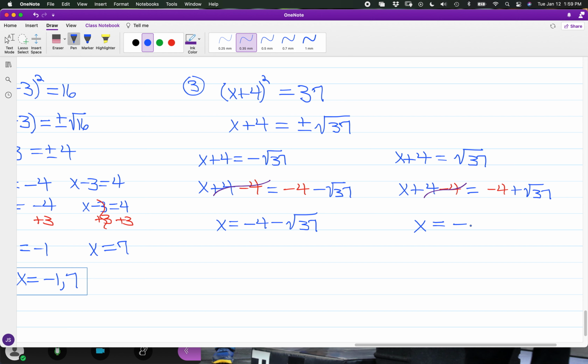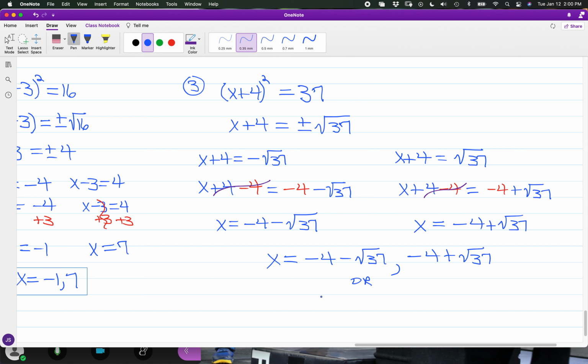And so here we have negative 4 plus the square root of 37. In itemized terms, you have negative 4 minus the square root of 37, and also negative 4 plus the square root of 37.